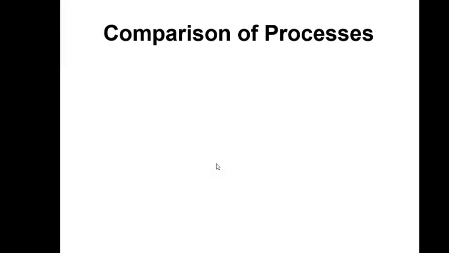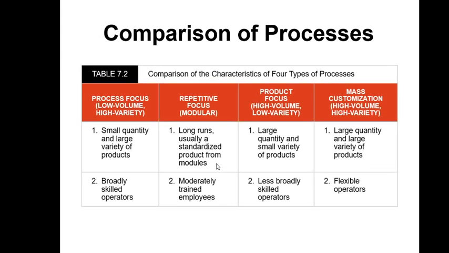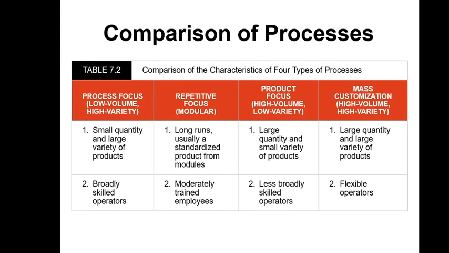First, we will start with the comparison of the 4 types of process, and of course this is as a summary of what we have discussed last meeting. Now this comparison will help you a lot in understanding. Again, of course we discussed them one by one in details.